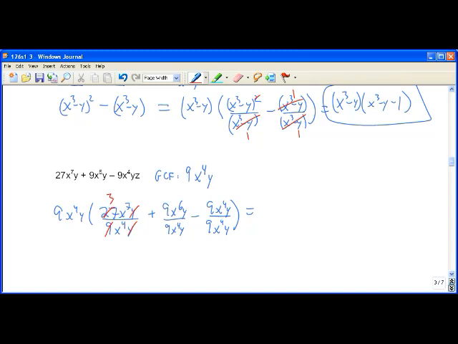X to the 7th divided by x to the 4th is x to the 3rd power. X to the 6th divided by x to the 4th is x squared. Oh, I forgot my z in the last one, didn't I? Nines divide out. X to the 4th divides out. The y's divide out, leaving just a z. So we have 9x to the 4th y on the outside, 3x cubed plus x squared minus z.